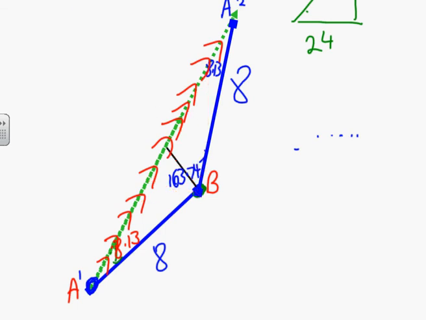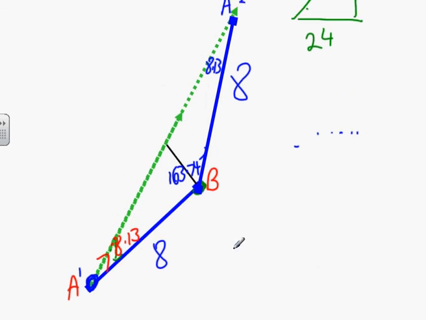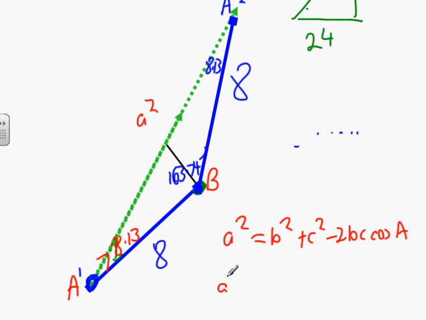Can anybody tell me, how do I find the length of the green line? What rule would be a good rule to use there? Cosine rule? You could do the sine rule as well. Both would work. I just tend to use the cosine rule a wee bit. A squared equals 8 squared plus 8 squared minus 2 times 8 times 8 cos 163.74.